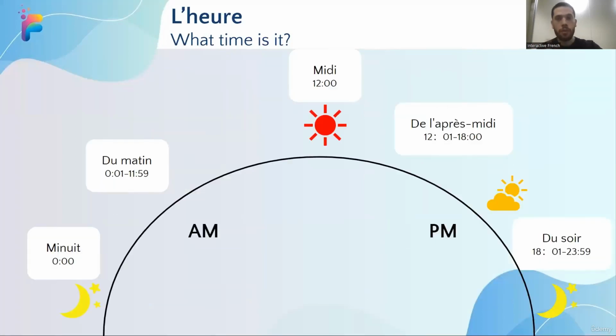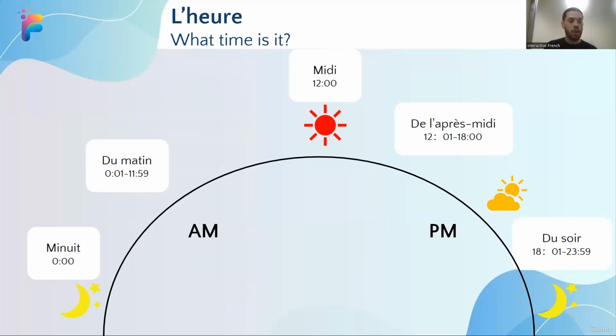So please note the other way we can say PM in French. Instead of saying, for instance, 1 heure de l'après-midi, you can also say, il est 13 heures, right? If you want to say it's 8 p.m., you can say, il est 8 heures du soir, or il est 20 heures. So you can do that if you want. It's totally up to you.